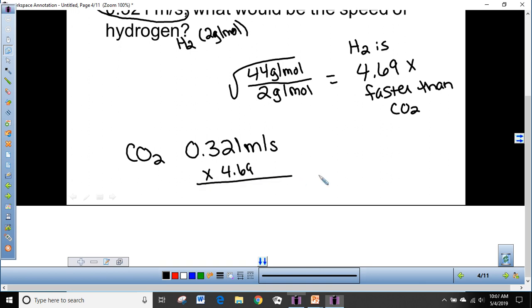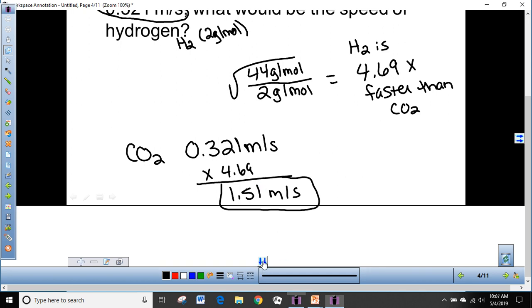This doesn't have a unit here because these units cancel. I'm going to multiply by that, and I get 1.51 meters per second. And it should make sense that it's a bigger number. It should be a bigger speed because it should be going faster.